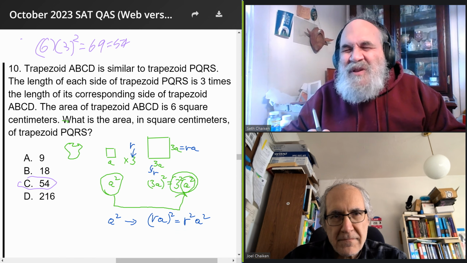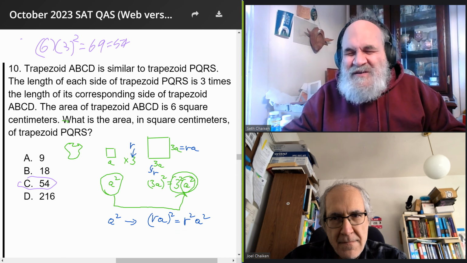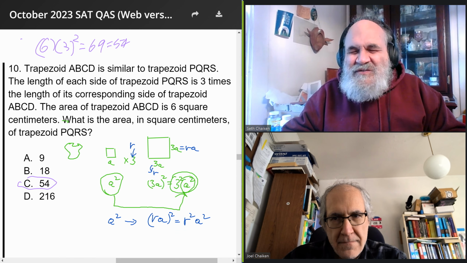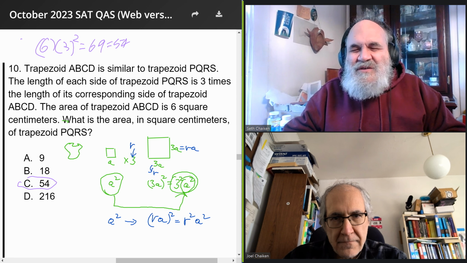But it applies to any other figure because the area of any other figure is the limit of the areas of the squares, of tinier and tinier squares that fill the figure.